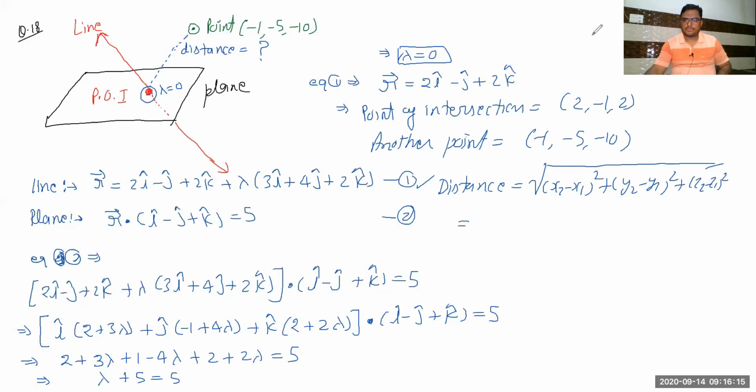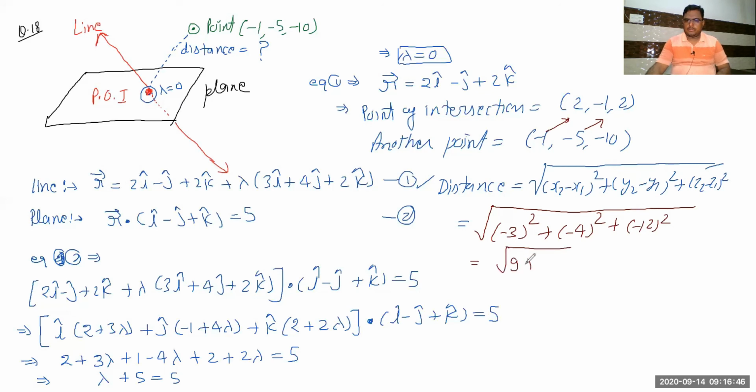So x2 minus x1: from -1 subtract -2, it means -3 whole square. y2 minus y1: from -5 subtract -1, so -4 whole square, plus -12 whole square.